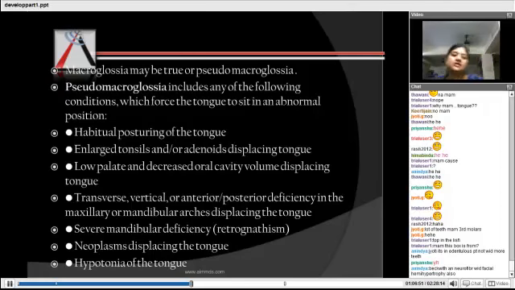Now macroglossia again can be true or it can be pseudo-macroglossia. This is the information that I found new in Schaeffer's 6th edition, which is not there in your 5th edition. So I felt new topics are usually a source of MCQ.